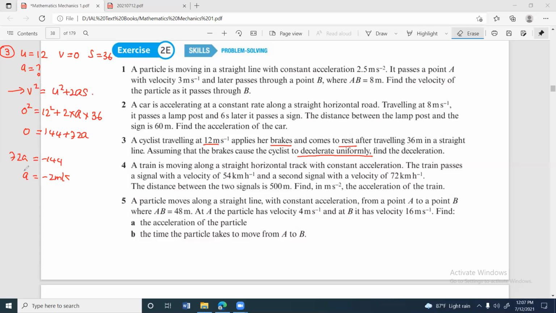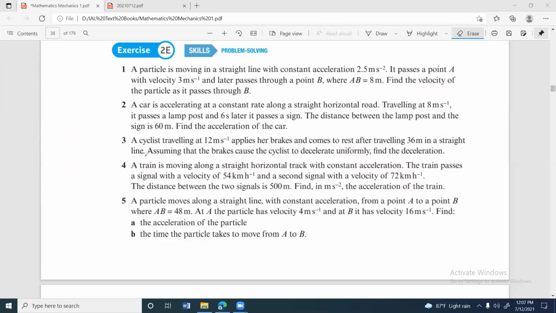That implies a deceleration of 2 meters per square second. That is the answer for question number 3. From this negative sign we get evidence that our answer is fine, because it's a deceleration, so you should get a negative answer for acceleration. Now let's come to the fourth question.